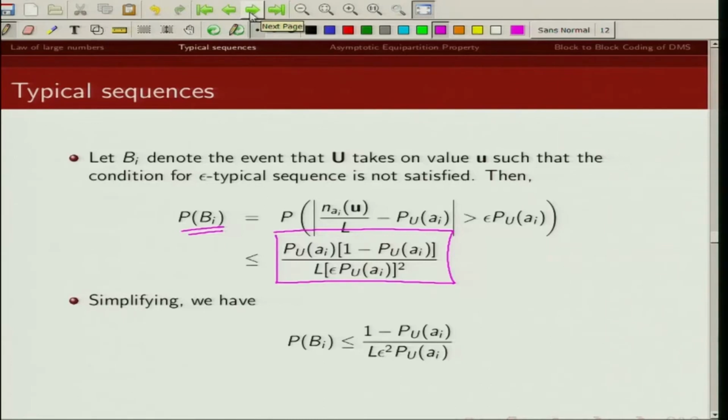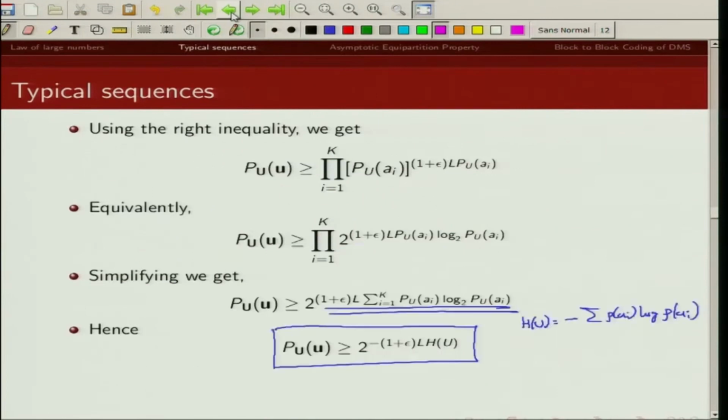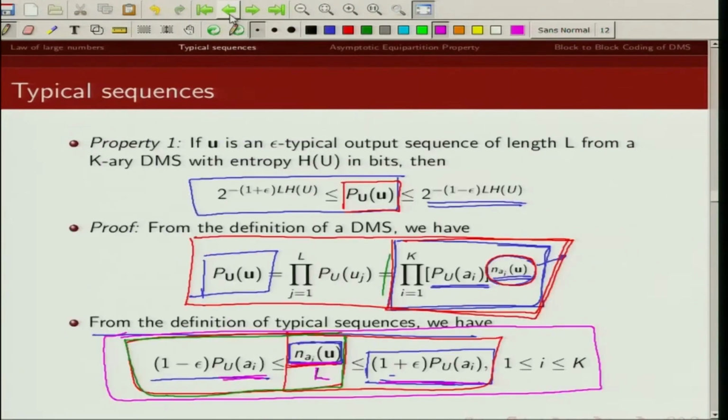If this condition holds for any one of these Ais, then it is not a typical sequence, because from the definition of typical sequence we said that this condition should hold for all Ais.